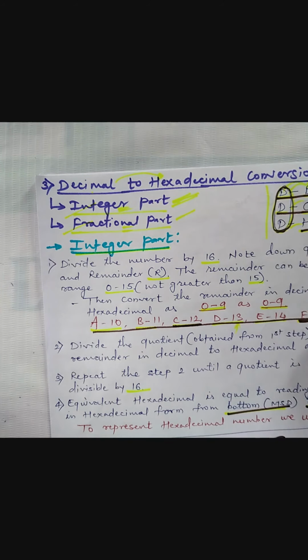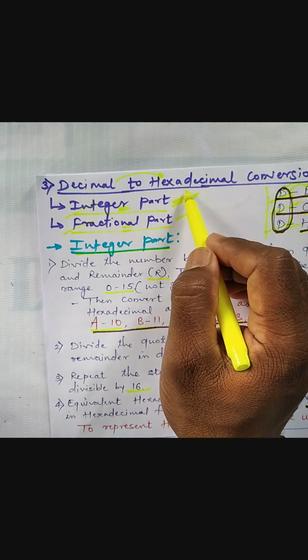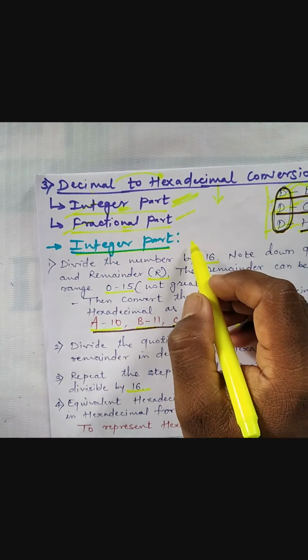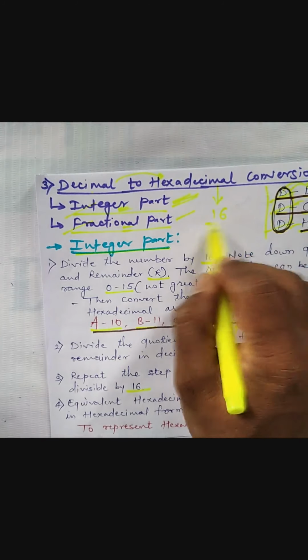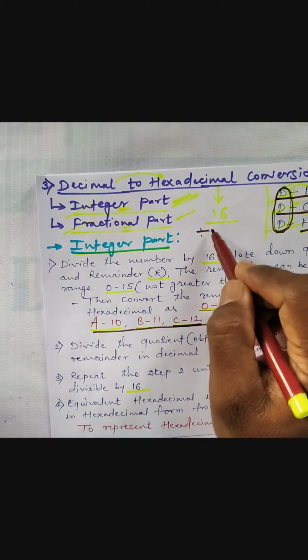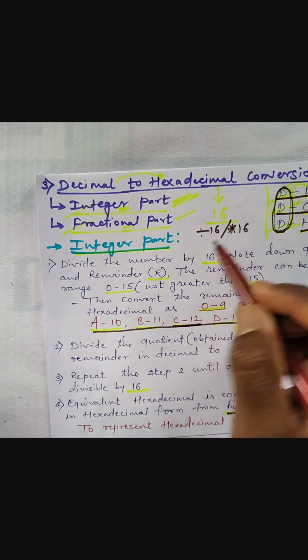Now, if you recall the steps that we followed for both of these, they remain the same for converting a decimal number into a hexadecimal number. Here, the hexadecimal number has the base 16. That is why we are now going to use repeated division by 16 and repeated multiplication by 16.